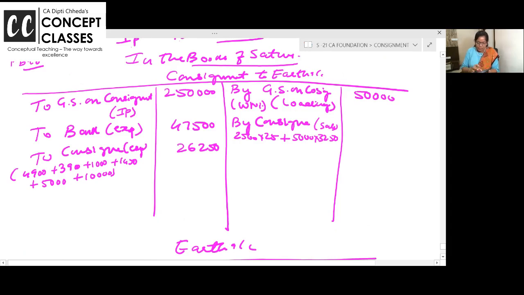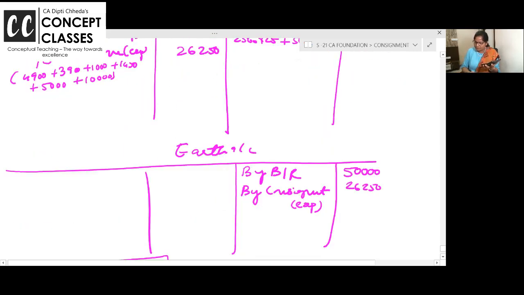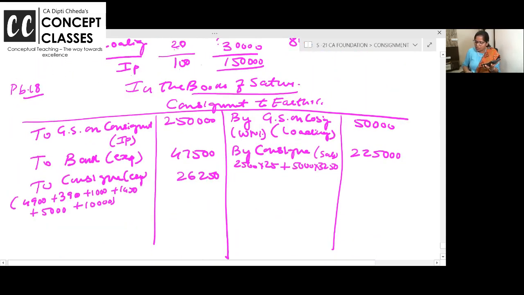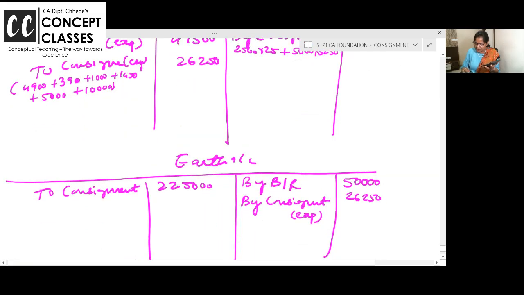So 2,500 into 25 memory में डालो. 5,000 into 32.5 भी memory में डालो. 2,25,000. 2,25,000 Earth account debit to consignment. Bracket में से.